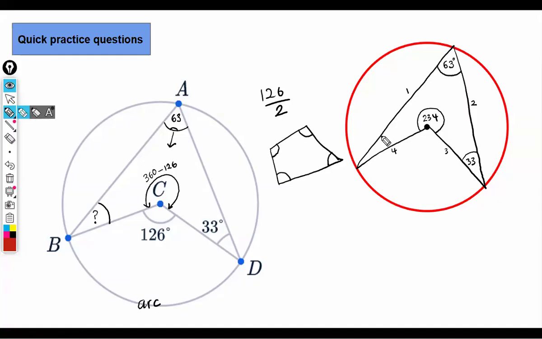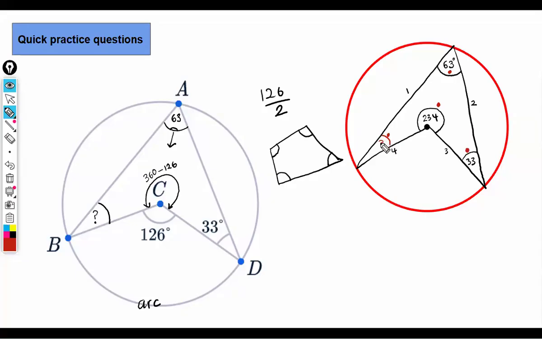Remember, the aim of the question is to find this angle here, angle B. All four angles inside the shape. 1, 2, 3, and 4. All four angles inside any four-sided figure. I don't care if it's a weird-looking four-sided figure. It's still four sides.